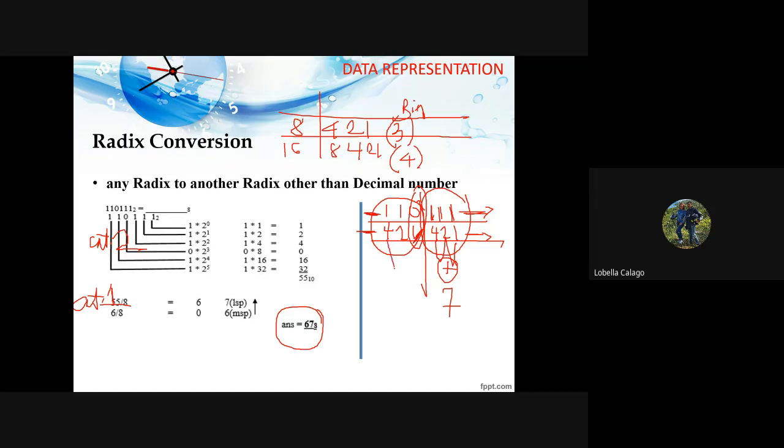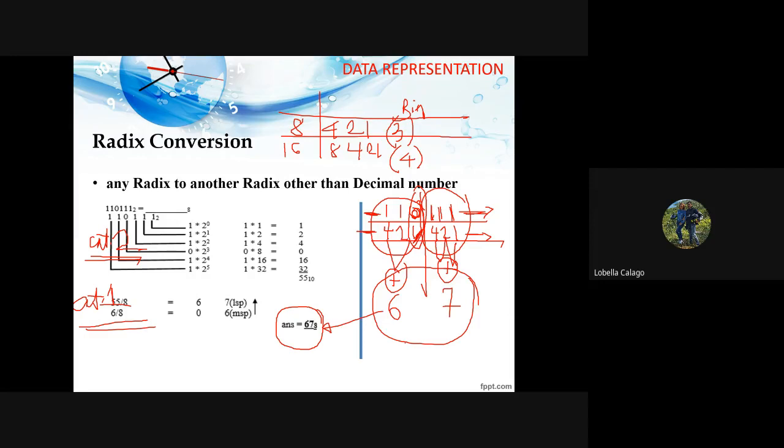Ito lang si 4 and 2. Kasi 0 siya, oh. 0 yung sa kanya dito. So, ngayon, 4 plus 2 is 6. And there's your answer, 67. O, di ba, mas shortcut siya. Hindi mo na dadaanan dito sa category 1, then category 2, then category 1. You can do the shortcut.